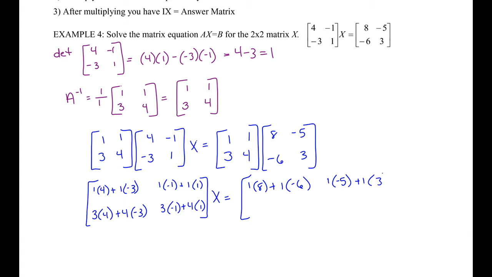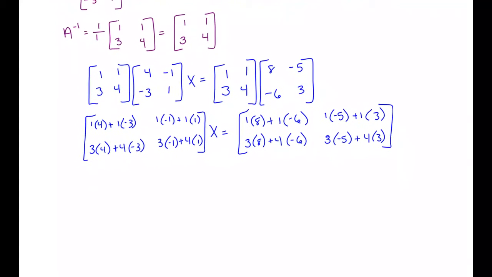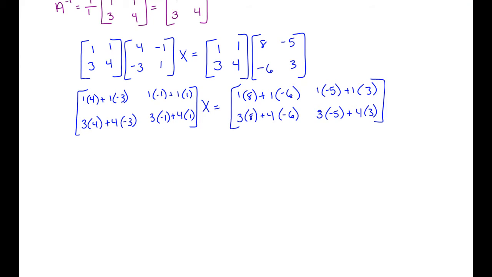Then we get 3 times 8 plus 4 times negative 6 and 3 times negative 5 plus 4 times 3. Right, to continue, I'm going to simplify.